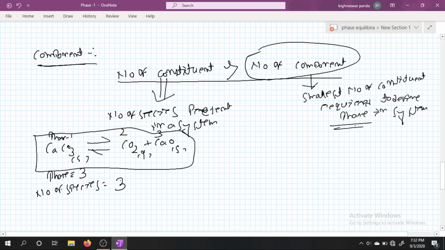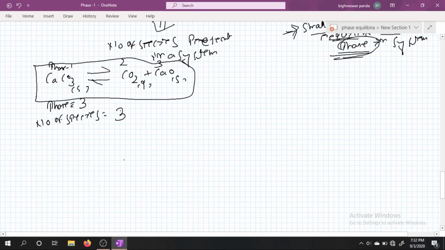This definition is a little bit tricky, but you have to consider this definition and you will be understanding later. But you have to consider this, that smallest number of constituent required to define phase in a system. I am giving an example.